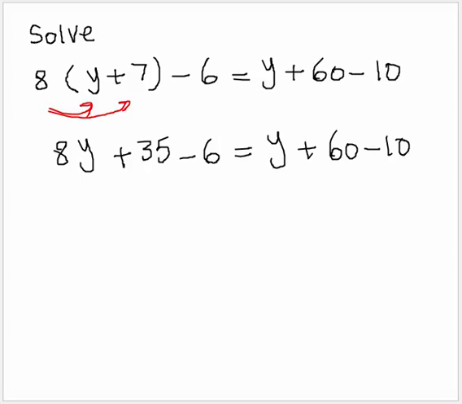Here we have to combine like terms. Okay, we have 8y. Here we have 35 minus 6. What do we get? Give me 35 minus 6.